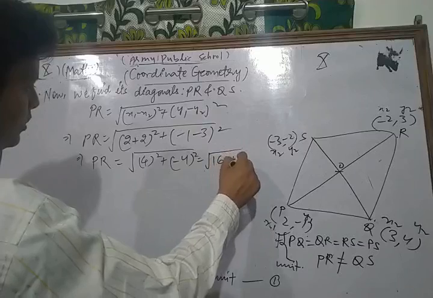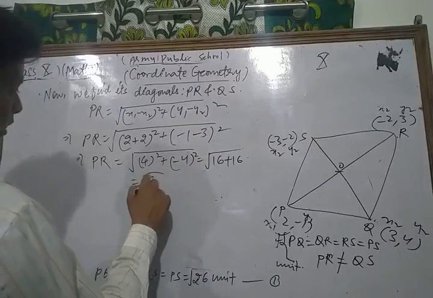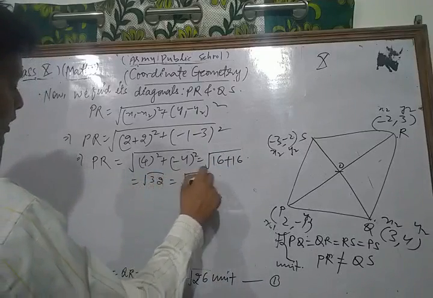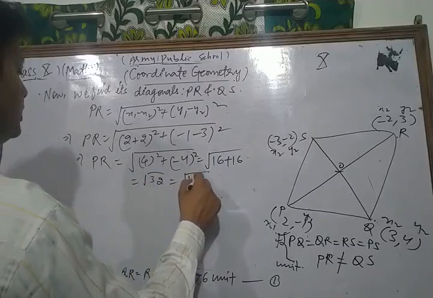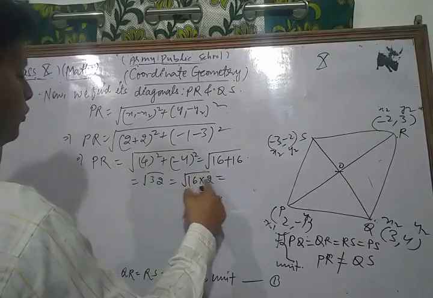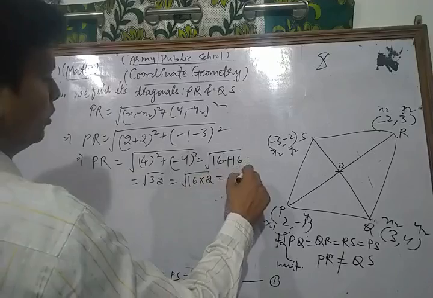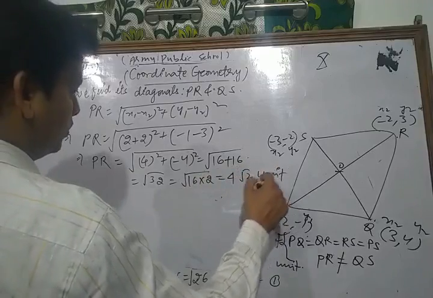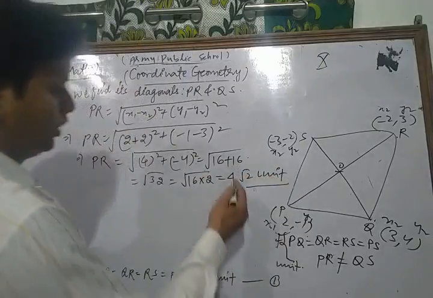Now we simplify: we get 16 plus 16, that is under root 32. We can write 32 as 16 into 2, so taking 4 common out, 4 under root 2 unit.